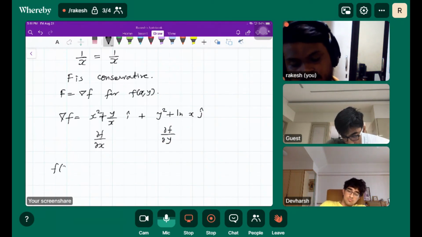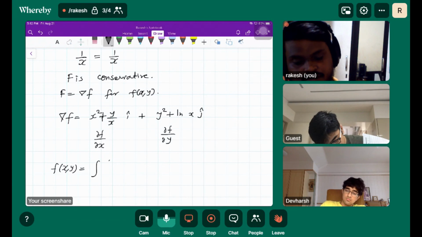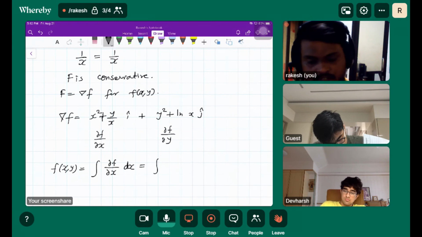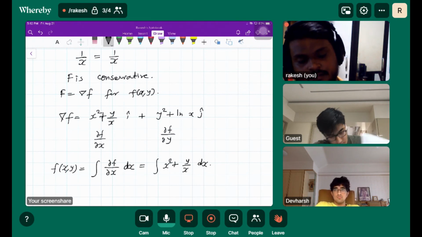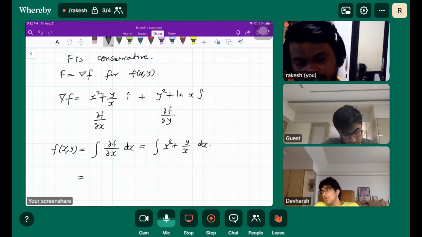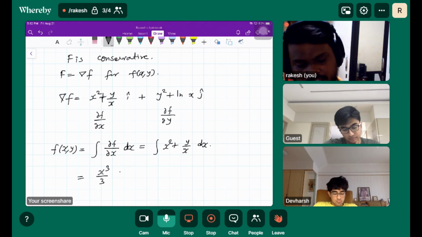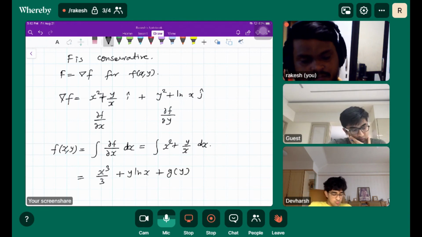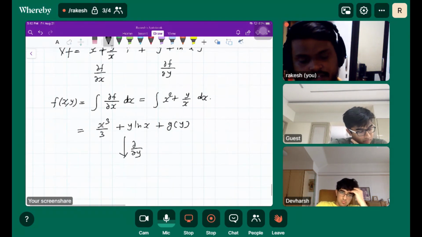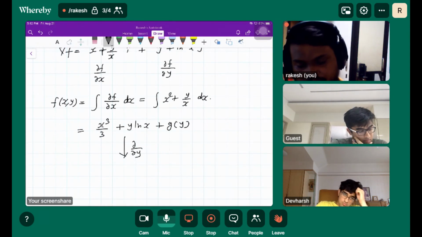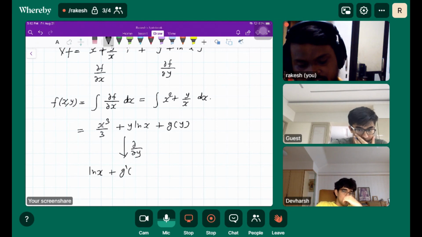So f of x comma y is equal to the integration of del f upon del x with respect to x, which is x square plus y by x dx, giving the integral of x square, then y ln x plus g of y. Now we'll find the partial derivative of this with respect to y, which is ln x plus g dash y.